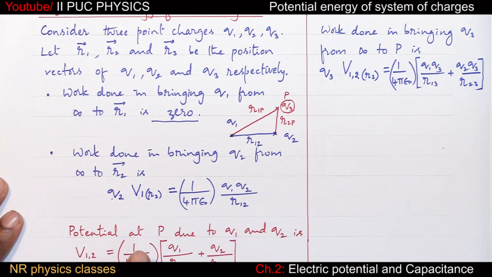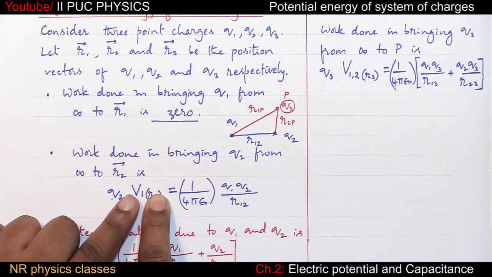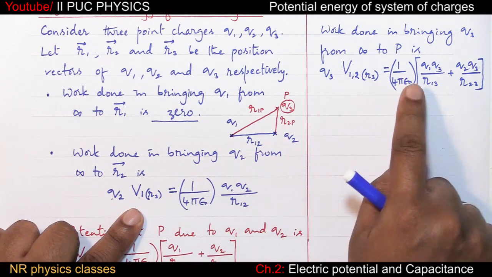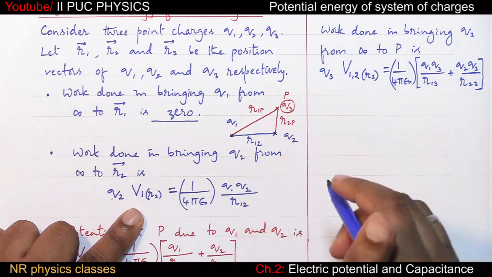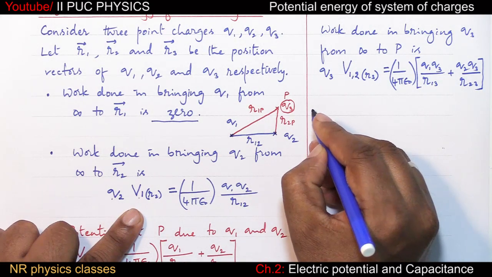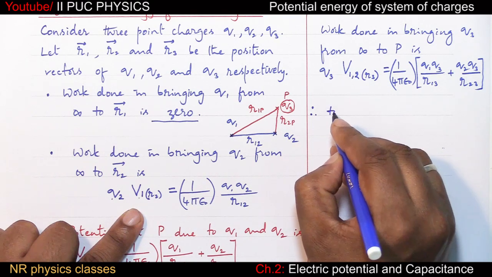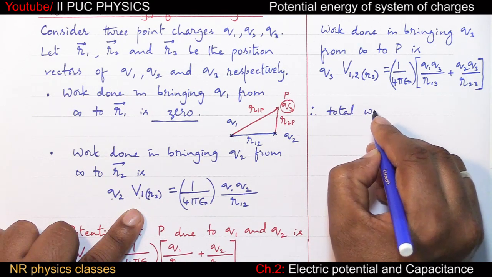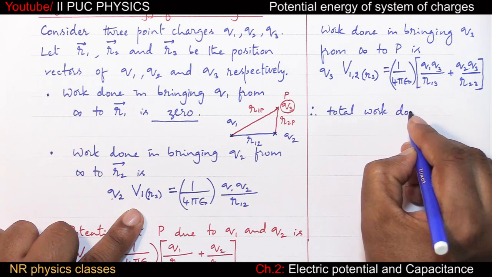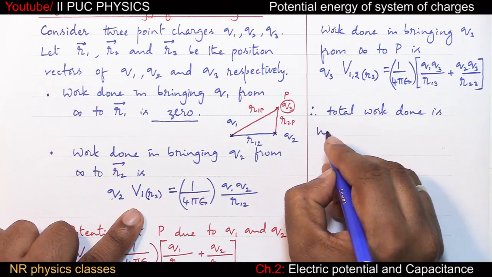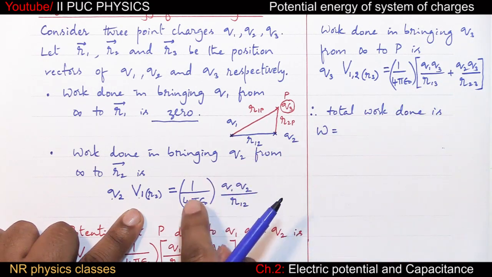Now, this is work done in bringing Q2. This is work done in bringing Q3. Therefore, total work done W equals sum of these two.